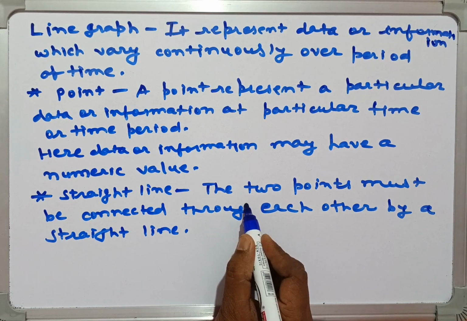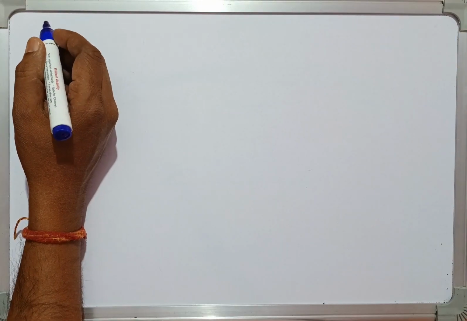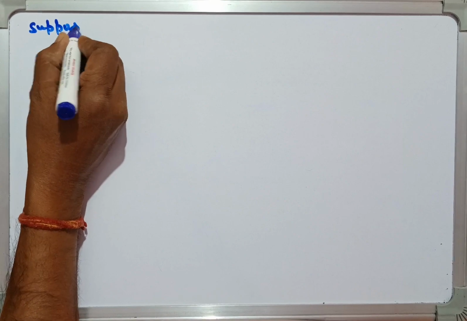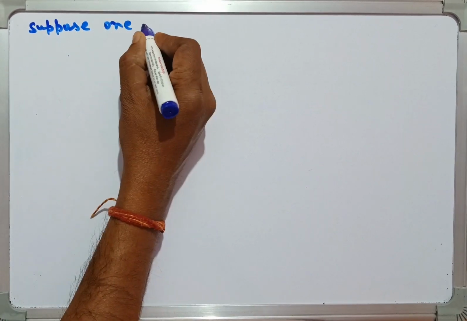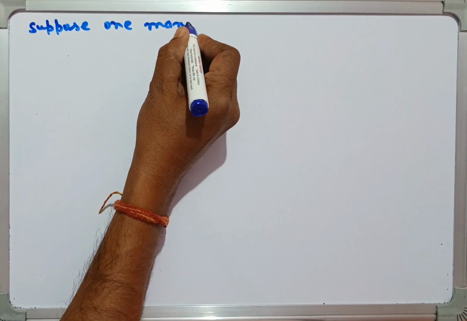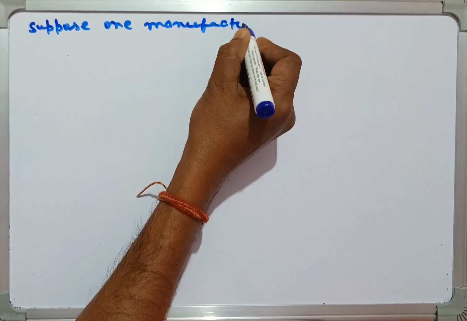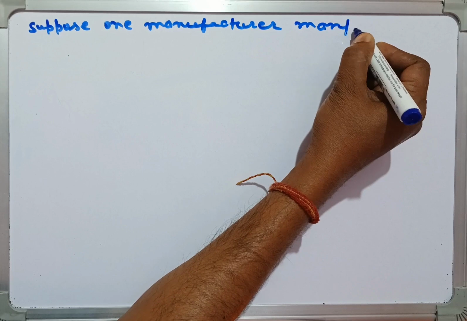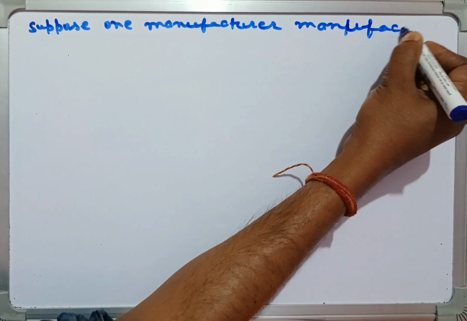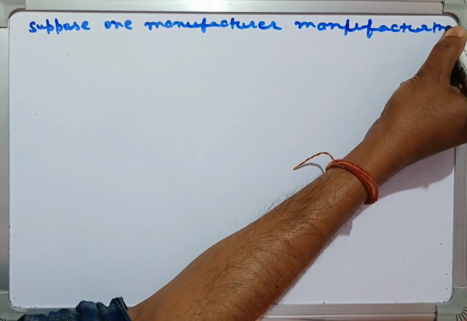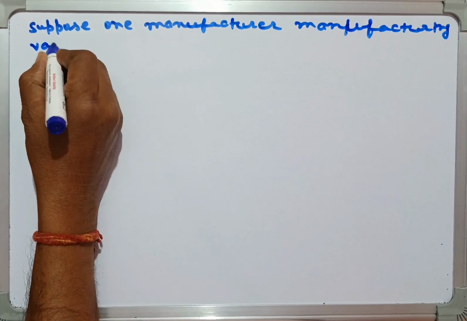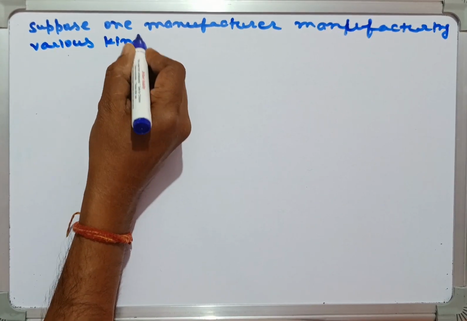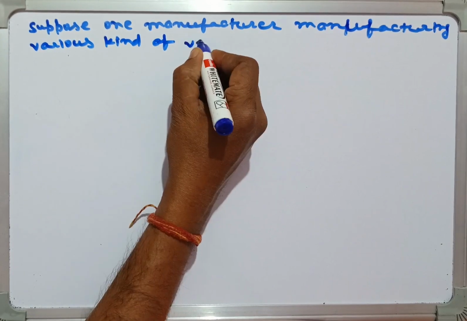Okay, the example here, suppose one manufacturer is manufacturing various kinds of vehicles.